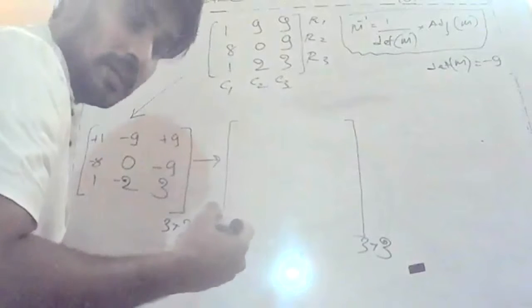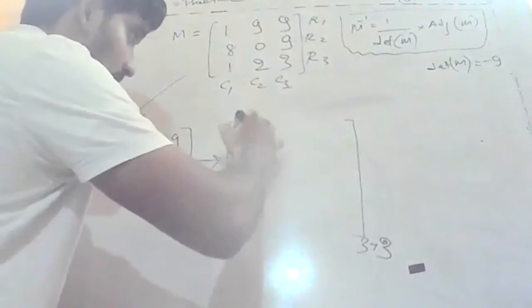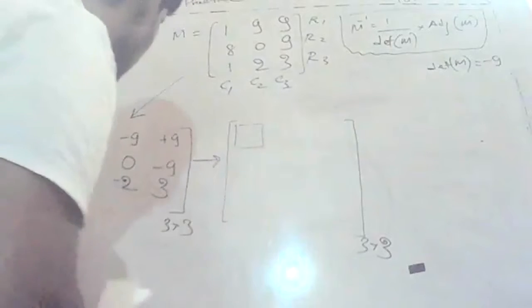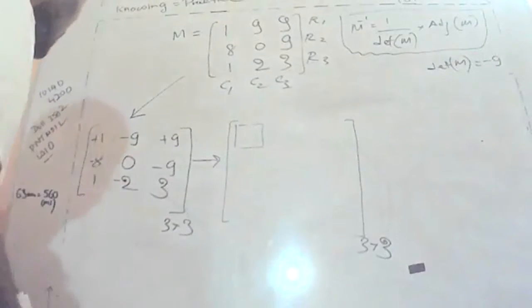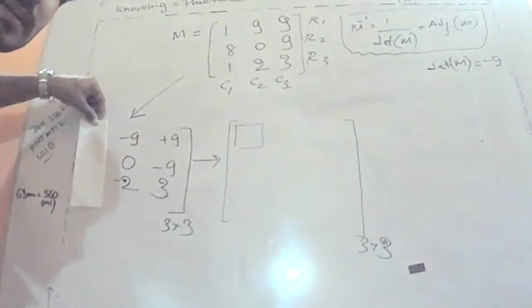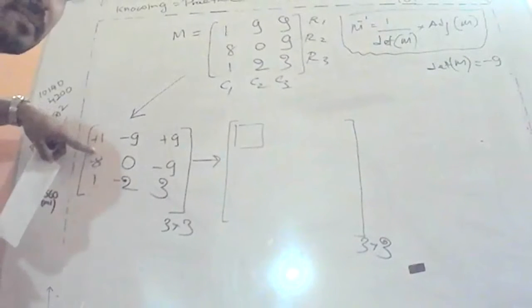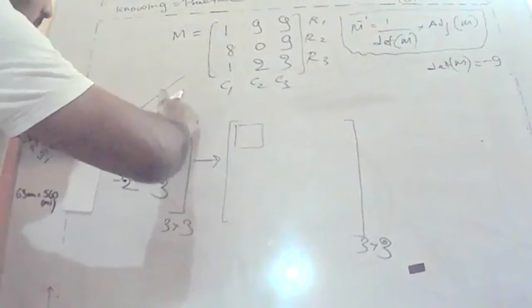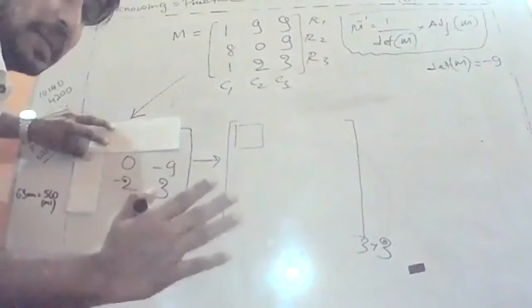Now we are going to obtain the first element of this new matrix. Let me teach you. Cover the column that belongs to the first element. Cover the row that belongs to the next element. Then do this multiplication.